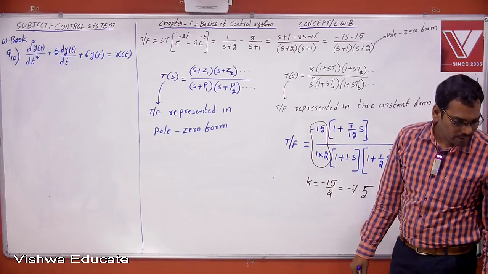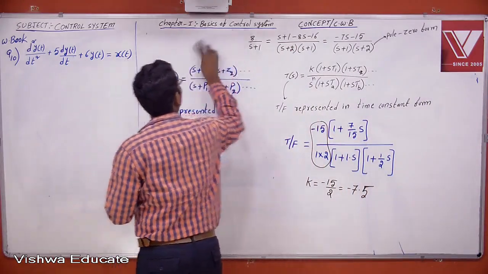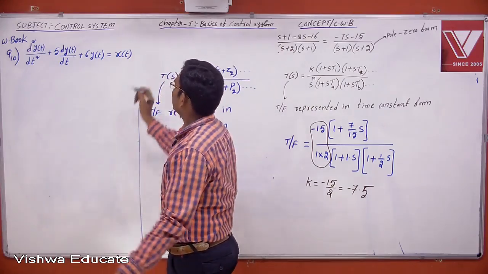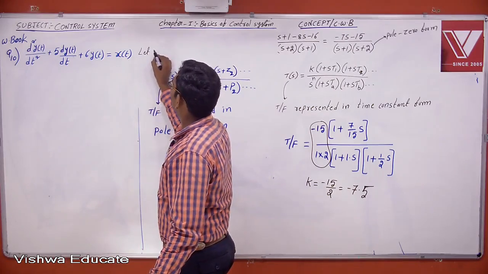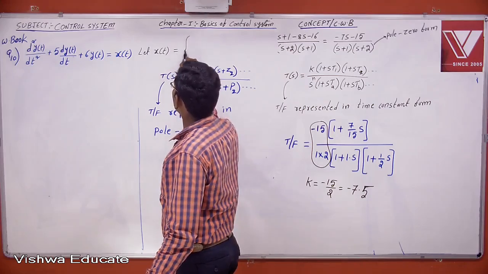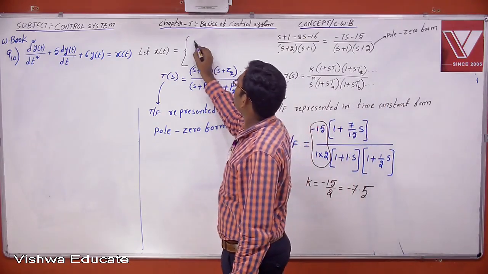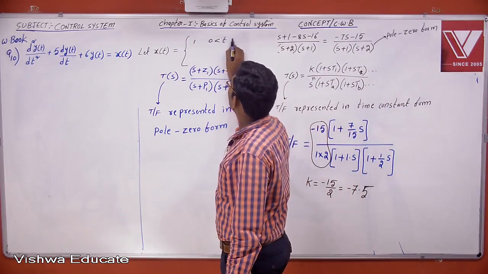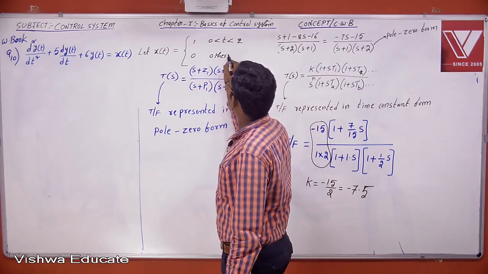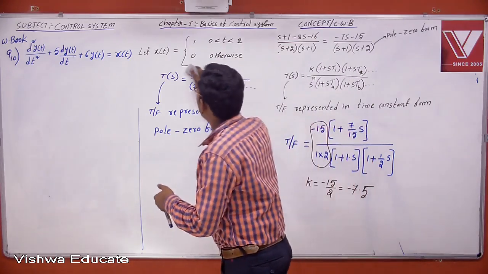Now let x of t be a rectangular pulse as given.